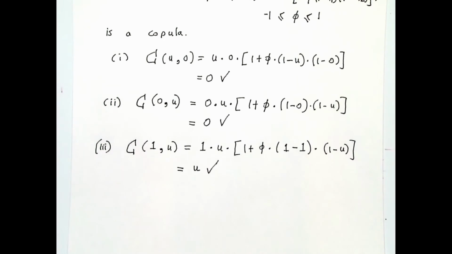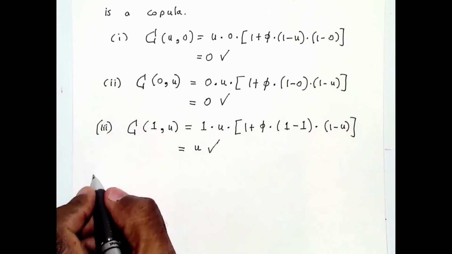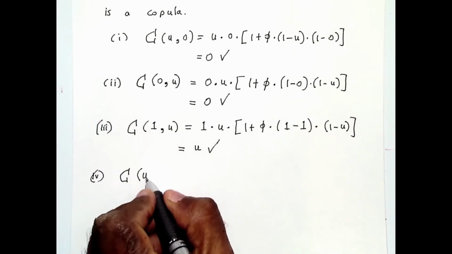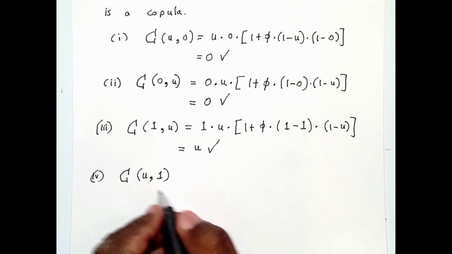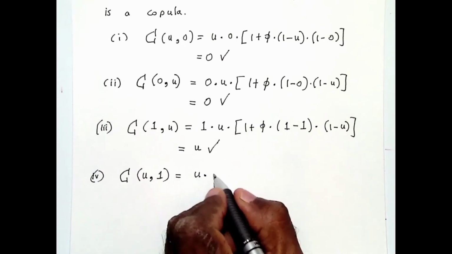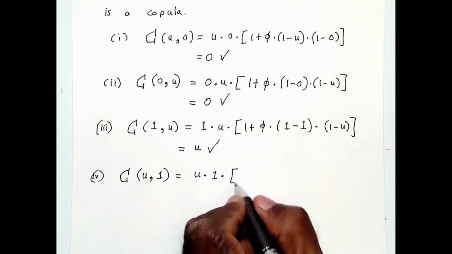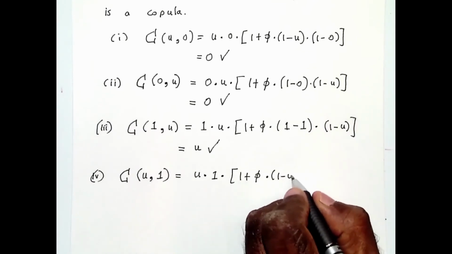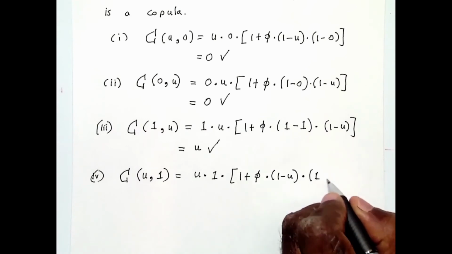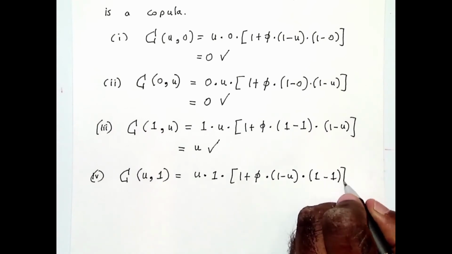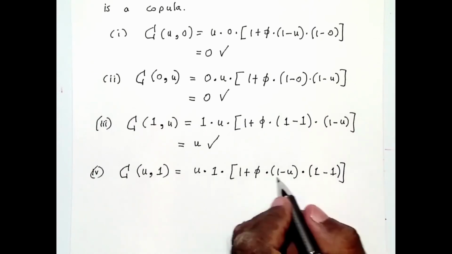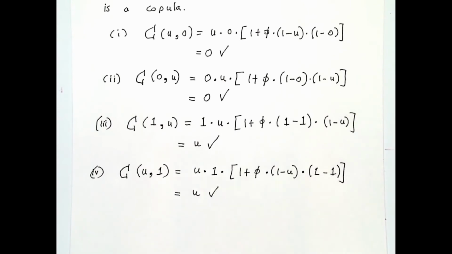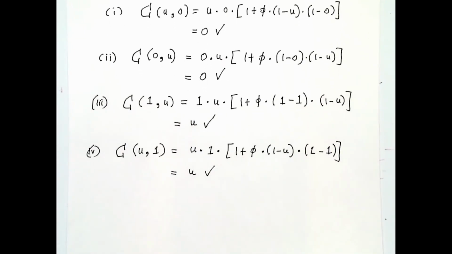So condition 3 is satisfied. And condition 4, C of u comma 1 is u times 1 times, alright, 1 minus 1 is 0, so this whole thing is 0, so you get u, which says that condition 4 is satisfied.